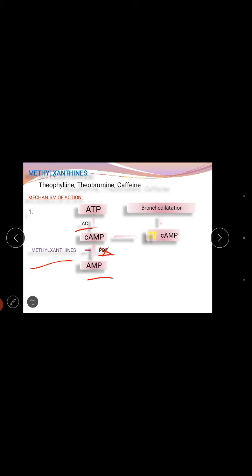It causes bronchodilation, decreases release of cytokines, the inflammatory mediators, and decreases immune cell migration and activation also. All these you will see when cyclic AMP level is high, because methylxanthines block the phosphodiesterase enzyme.